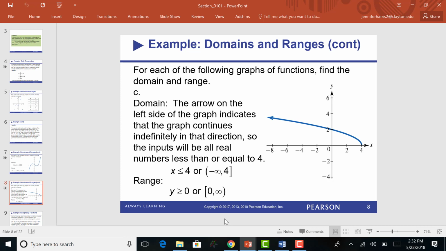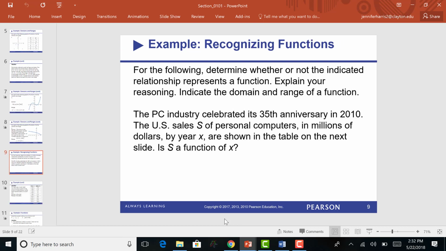Is everything bigger than 0? Bigger than or equal to 0. So this says everything greater than or equal to 0 going to infinity. Questions?